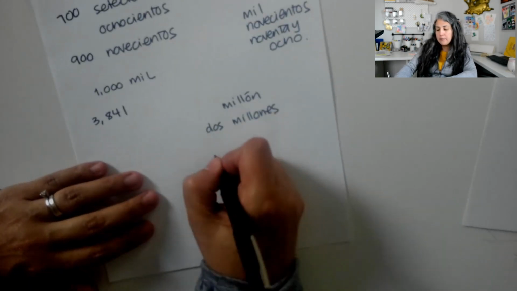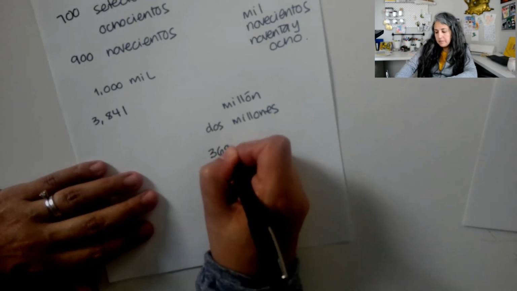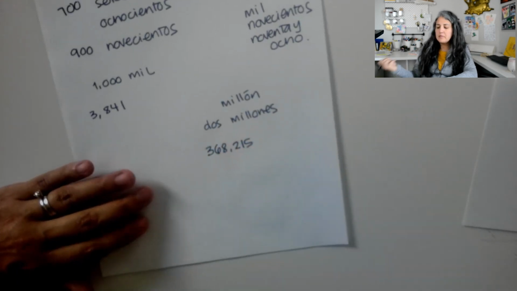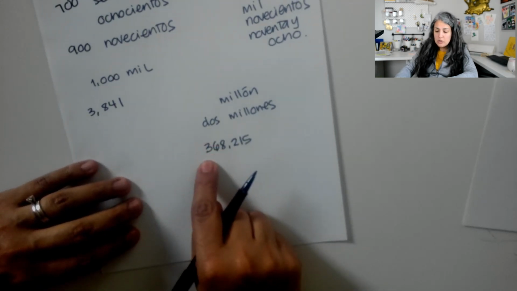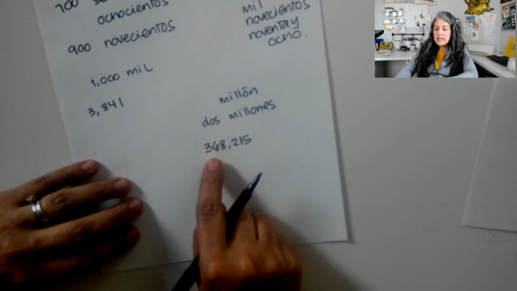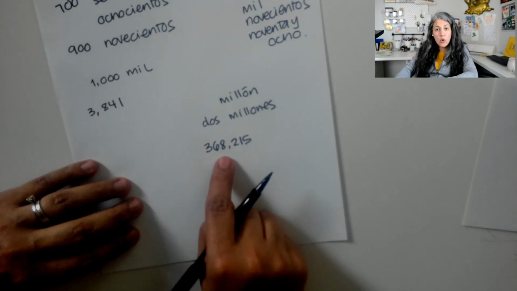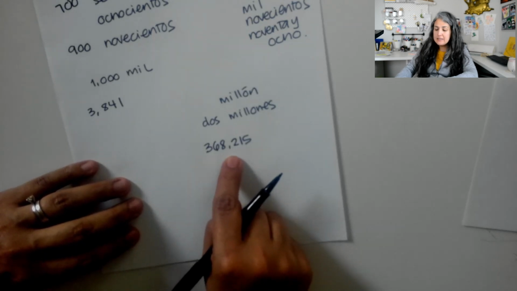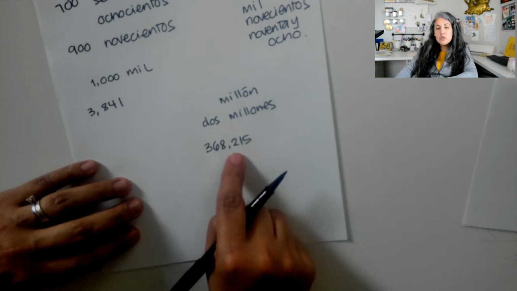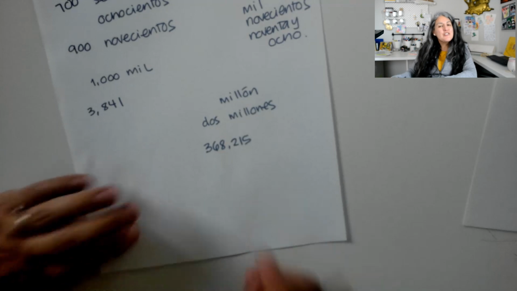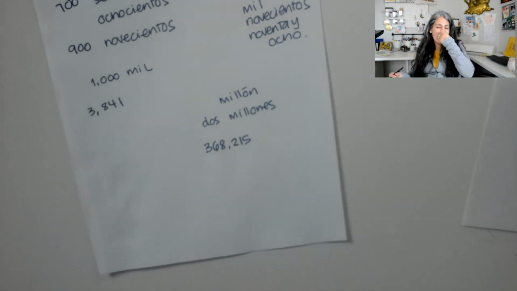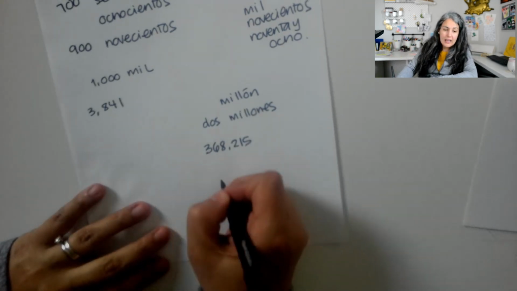So let's do a bigger number. Okay. So let's start with the first part. 368,215. Do you see how we're using all the numbers together? Let's do another example.